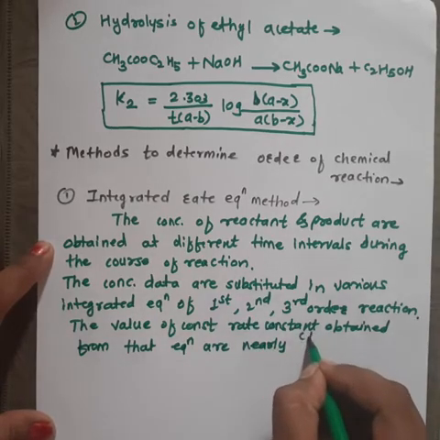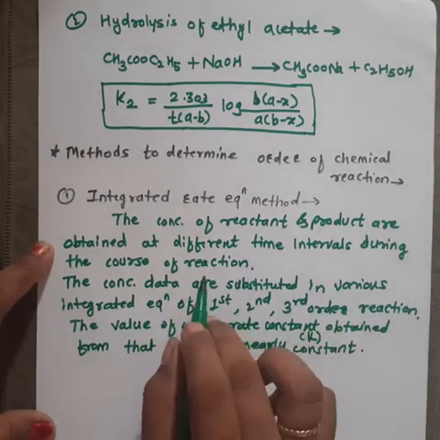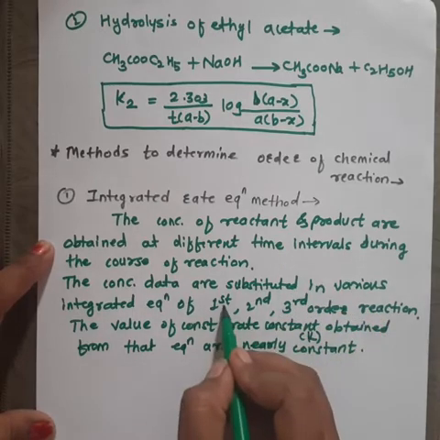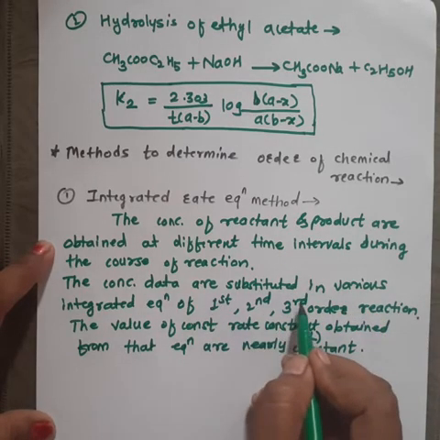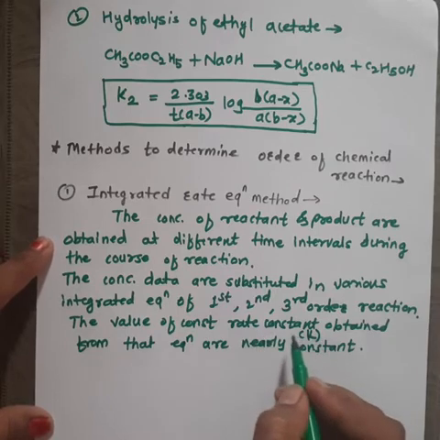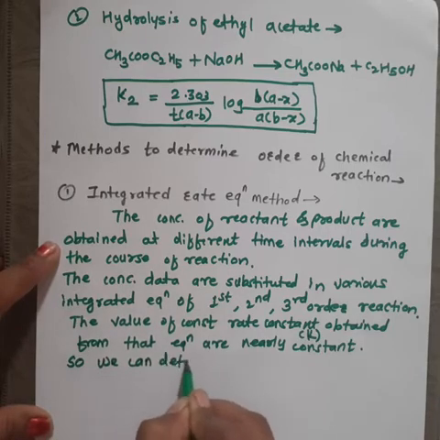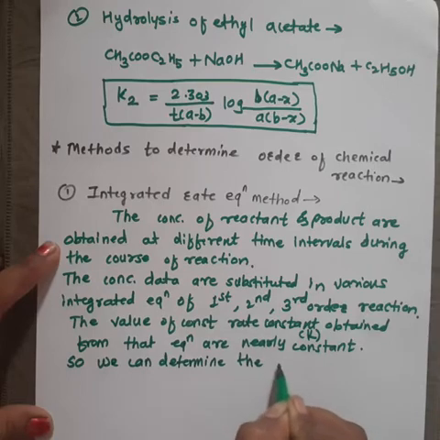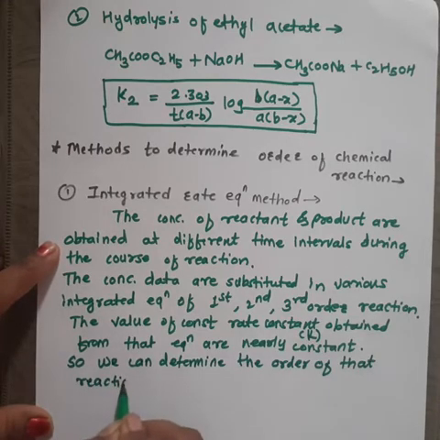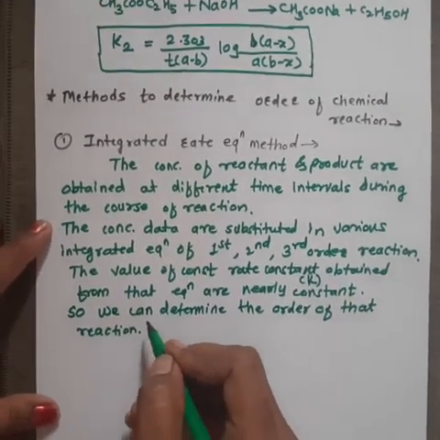Therefore the value of K is nearly constant for all concentrations. So if we put the different concentrations and times in the first order, second order or third order equation, and we get the value of K the same or nearly constant, then we can determine the order of that reaction.